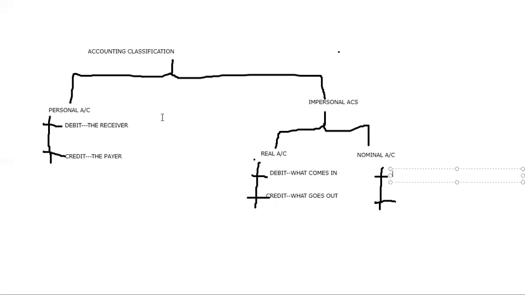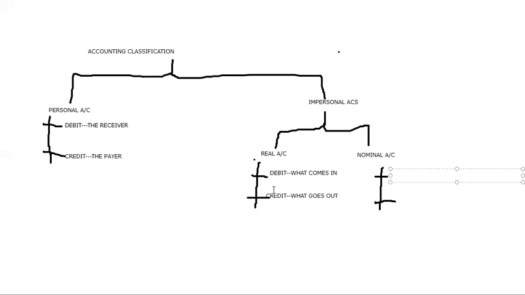Now here I have segregated persons. I have segregated materialistic. Then what else will remain? When I was telling about conservatism, I said we should not expect the profits until they actually come into hand, but we should be prepared for the losses. That means in the company there will be some losses and profits, no?